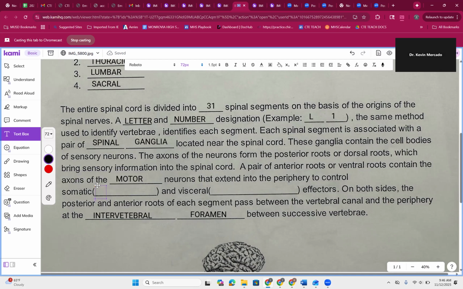Somatic is skeletal muscle control. So let me just make that smaller.